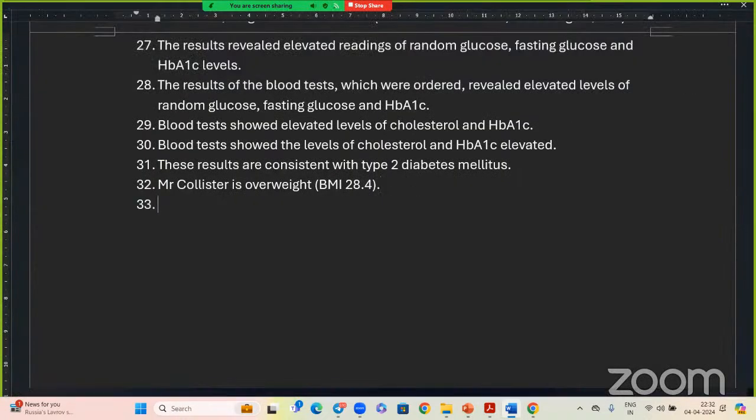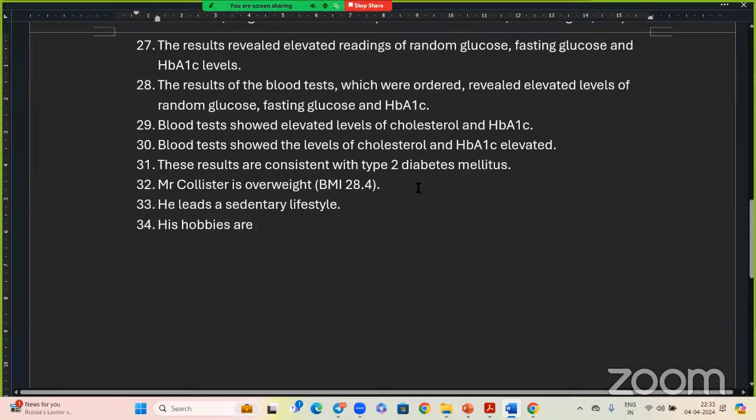Or you can say his hobbies are primarily or mainly sedentary.